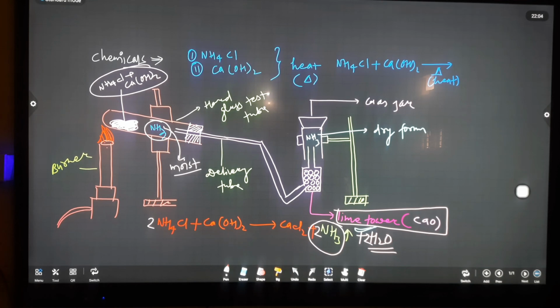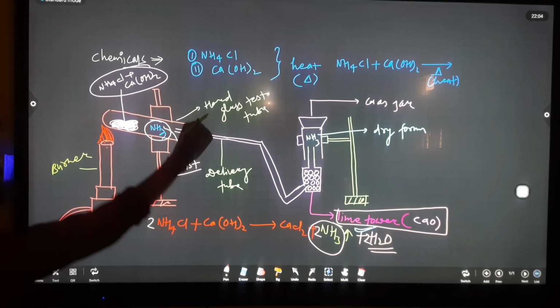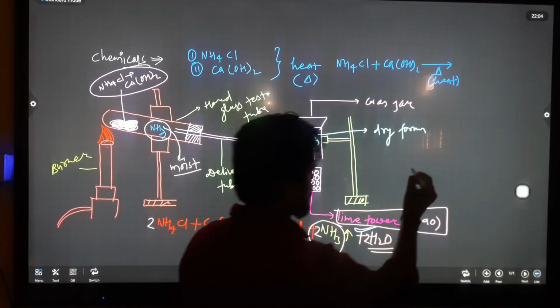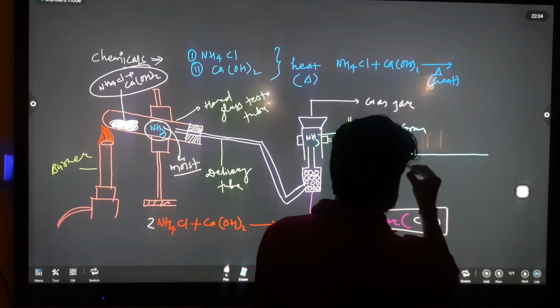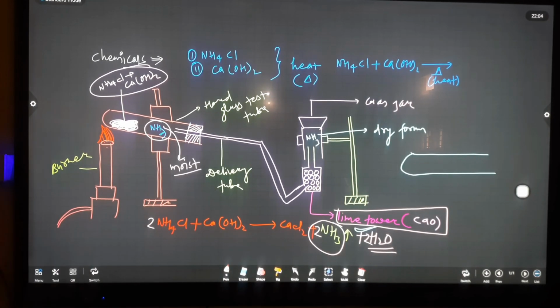You have to be careful: the hard glass test tube should be slanted, inclined. We cannot keep it horizontal. What is the reason behind that?